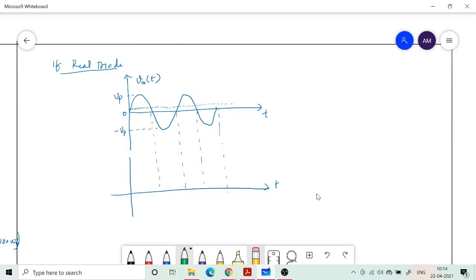Above that means it will be forward bias. Now I am taking a characteristic of the diode which is slightly different from the ideal diode characteristics. The ideal diode I have earlier drawn, but now I am going to do a better approximation, and the better approximation is something like this.